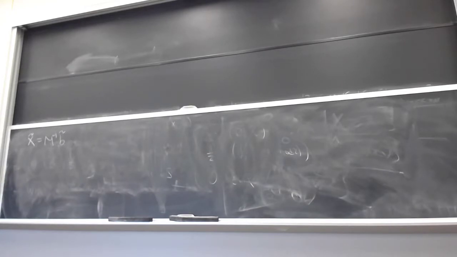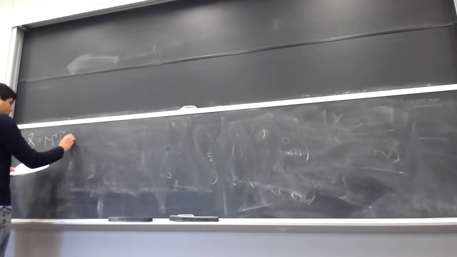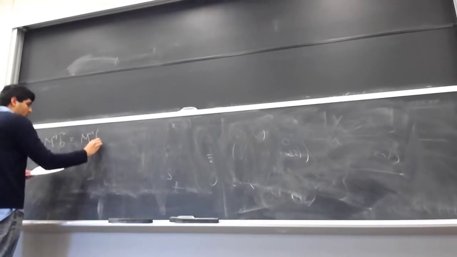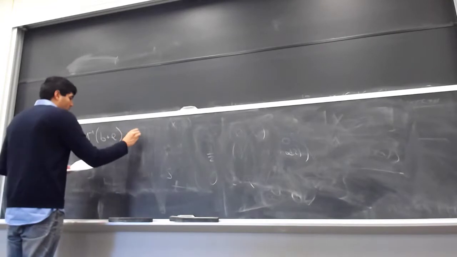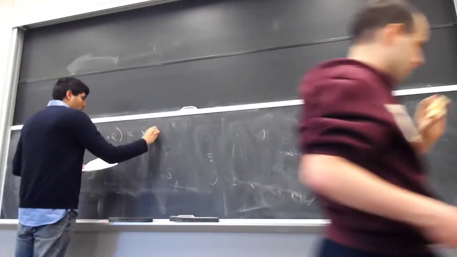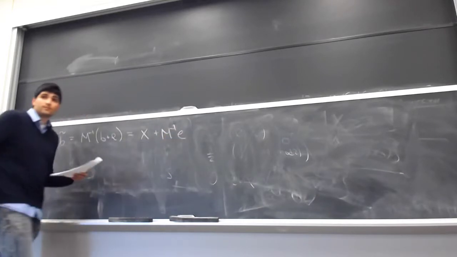But in the case where you do have a bound on the condition number, it'll show you how much the errors blow up. So I'm going to multiply by M inverse. And now this is just M inverse times b plus e, which gives x plus M inverse times e.